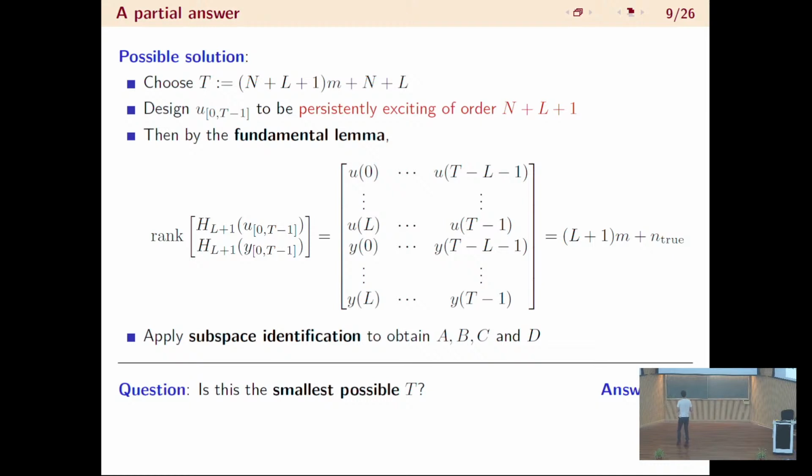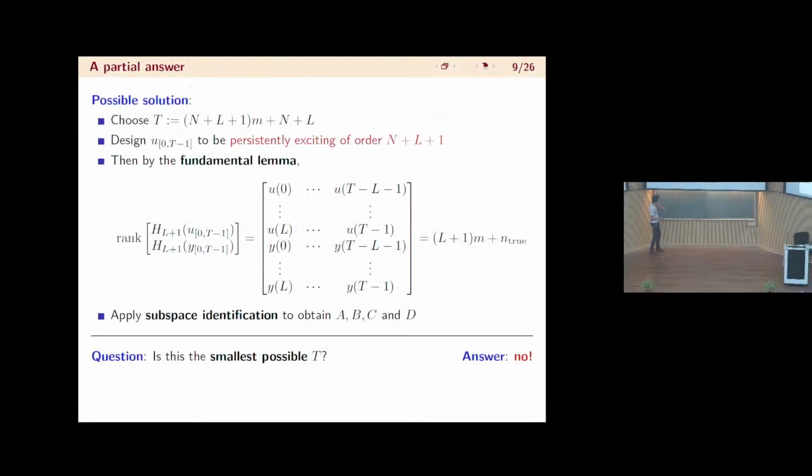So, for instance, in this example, before collecting any data, I could design my input U to be persistently exciting of order 5. I just need to choose this sequence of inputs in such a way that this Hankel matrix has rank 5.